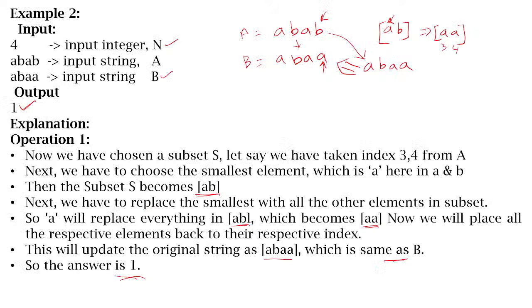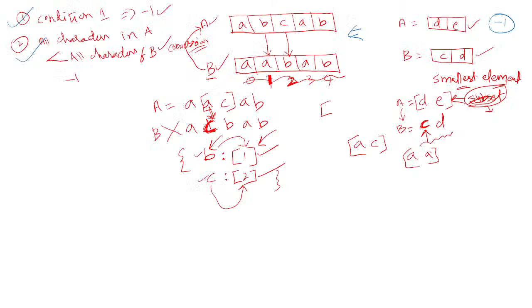For this we identified 2 important conditions. Hope you remember those conditions. What are the 2 conditions we identified? First condition: all the characters present in string A must be greater than or equal to all the characters present in string B. They should not be less than.